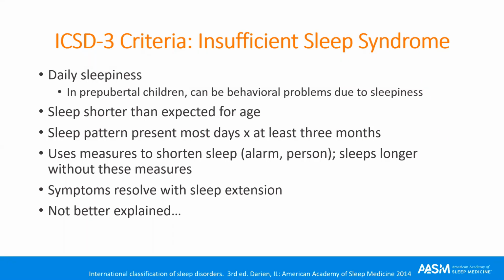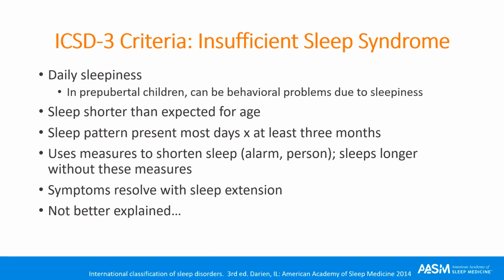So it's fundamentally different than the other disorders. In order to diagnose it, there has to be daily sleepiness. And in kids, that actually can manifest as a behavioral problem that's attributable to sleepiness rather than classic sleepiness per se. Sleep duration has to be shorter than whatever is expected for the person's age.